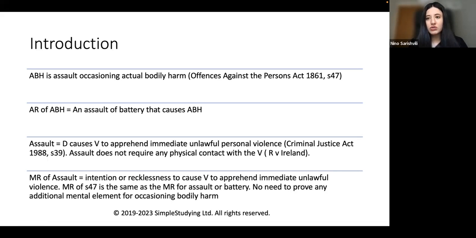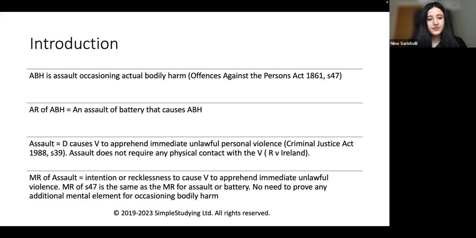If you're writing a coursework, you should put all the cases in footnotes. If you're answering an exam under tough time conditions, so if you have only limited time to answer a question, then I believe that just putting the case name in brackets would be enough.